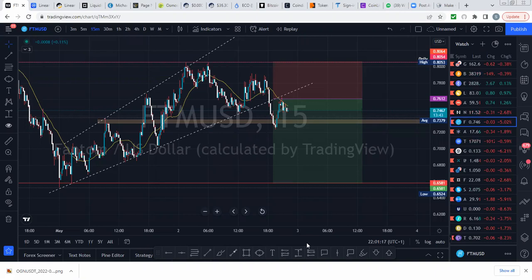So traders can even focus on specific time frames on a single market to familiarize themselves with its characteristics and movements.